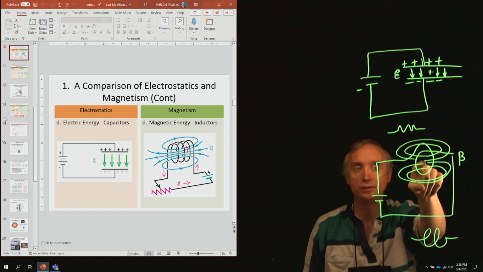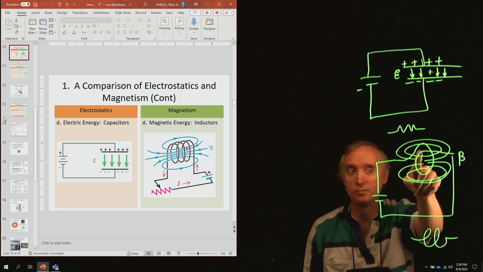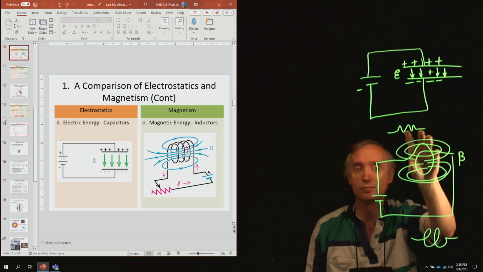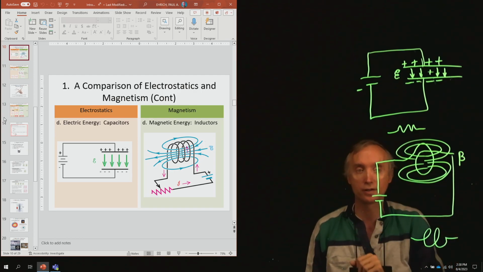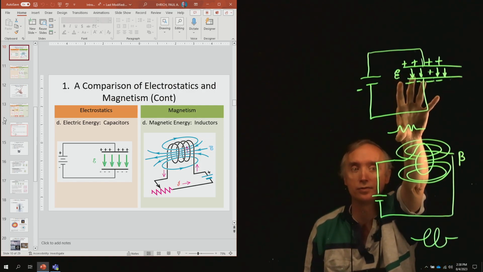Not so many inductors. Can you figure out why? Inductors are not in electronic devices because inductors make magnetism, and magnetism is bad for electronic components. So in most electronic devices you don't have a lot of inductors, but you do have these two.